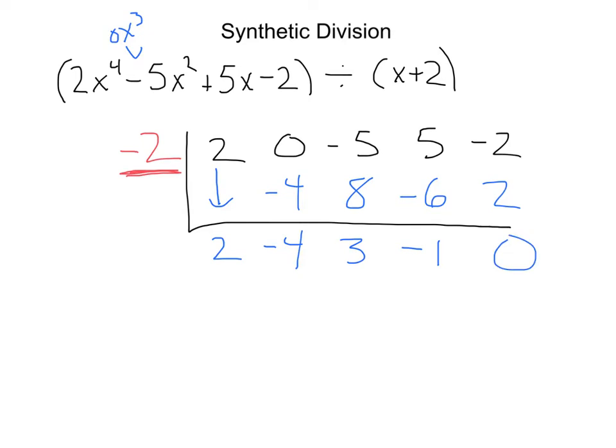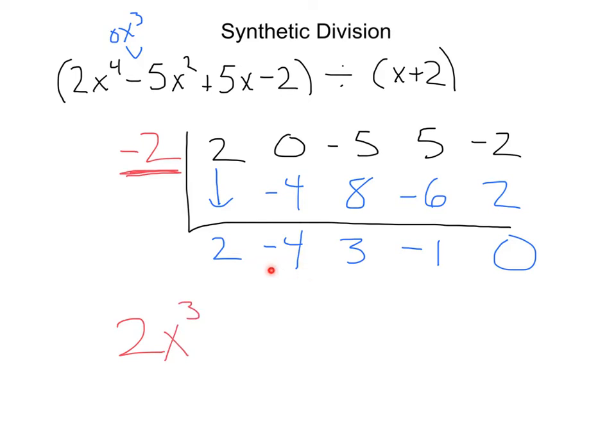So to get your actual answer, you take these numbers that you've gotten at the bottom, and you make these the coefficients of your new polynomial, which is your answer. So our first coefficient is going to be 2. And you always start 1 degree less than where you started. So here we started with x to the fourth. This first term is going to be x to the third because it's 1 degree less.